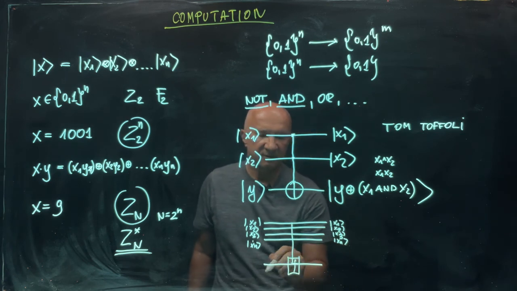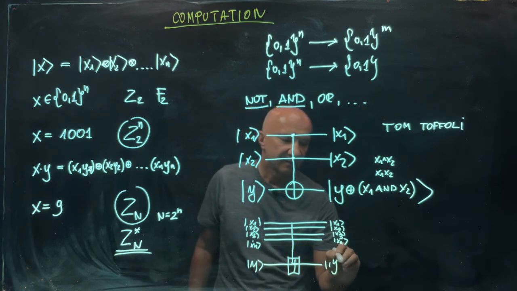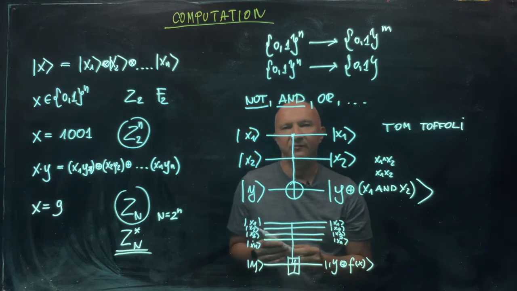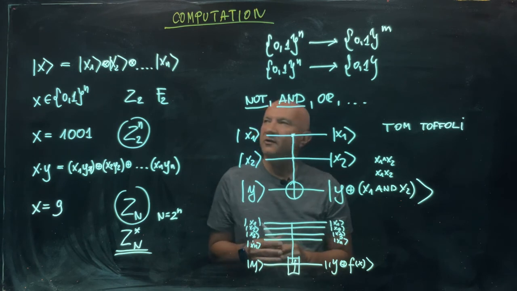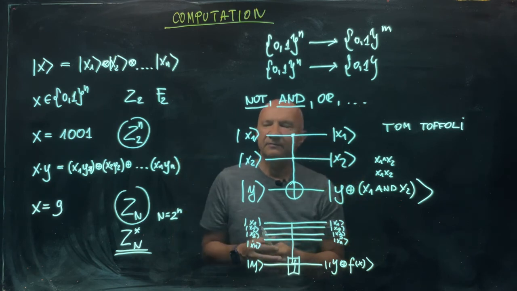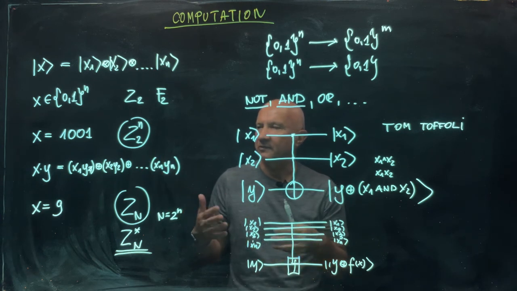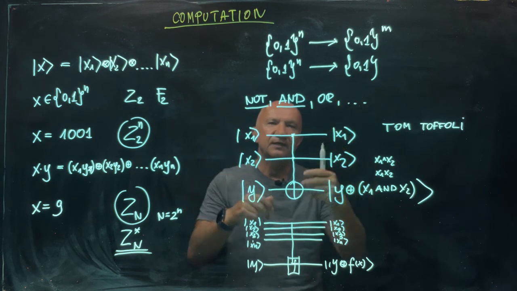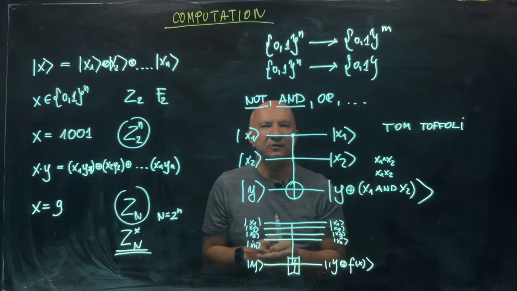This function evaluation will simply add the value of the function to the second register, which stores the value of the function. So those are a few remarks and comments upon the notation and the labeling, and how we evaluate irreversible classical logic gates in a reversible way.